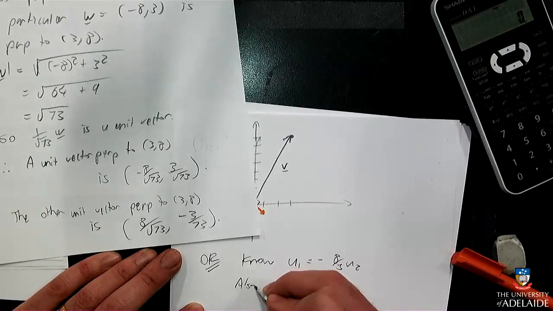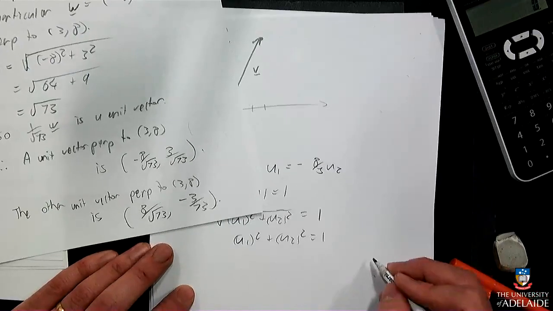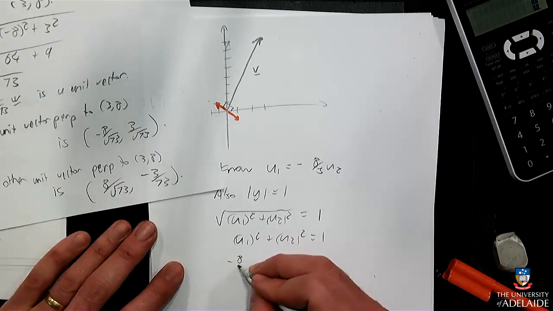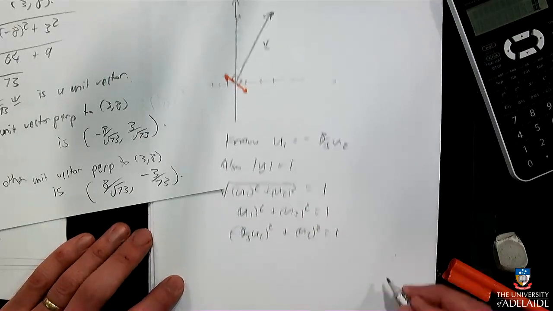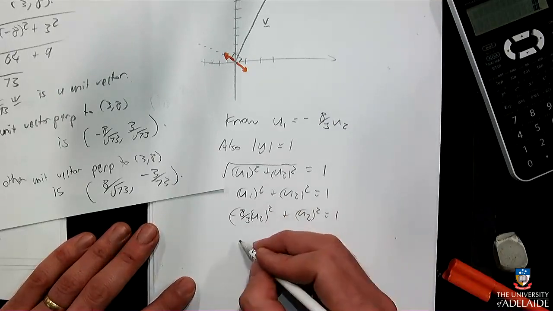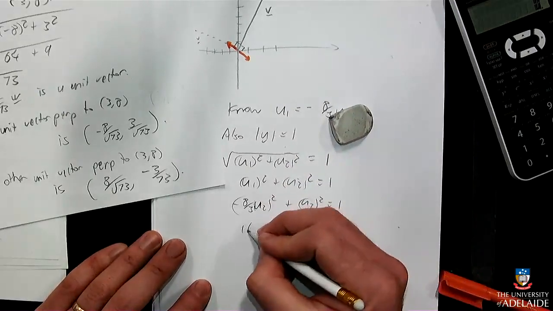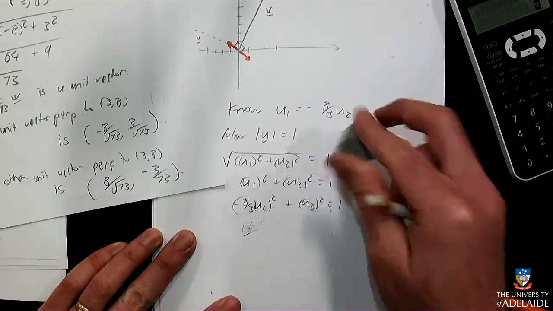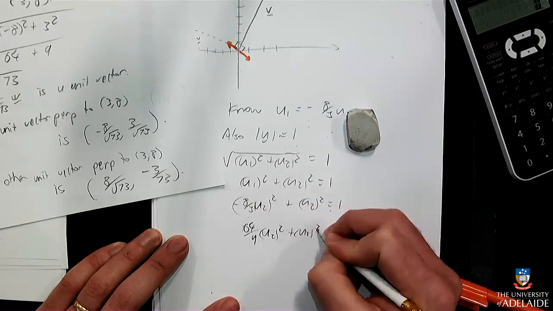And also, the length of U is 1, which means that U1 squared plus U2 squared is 1, which means that minus 8 thirds of U2, squared, plus U2 squared is 1, which means that 64 ninths of U2 squared plus U2 squared is 1.